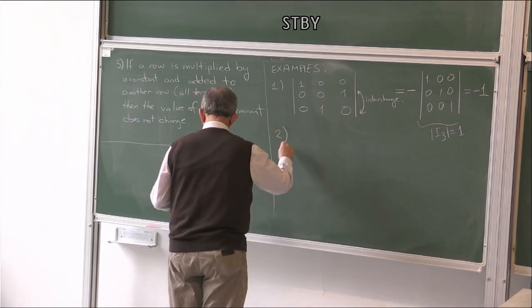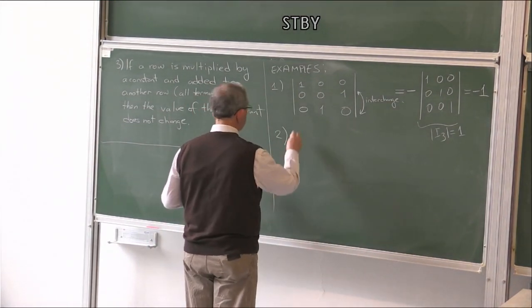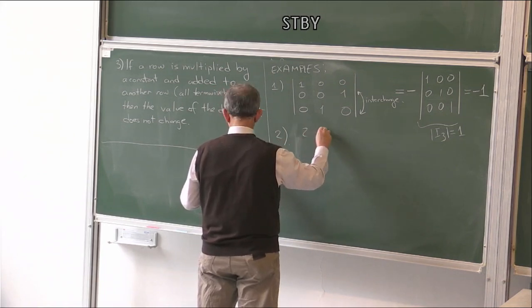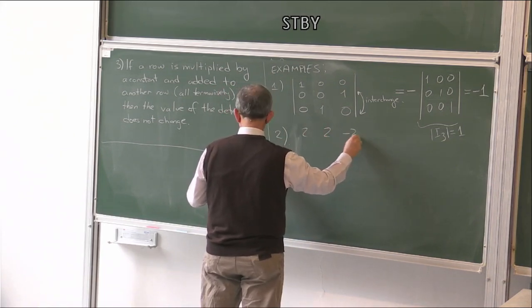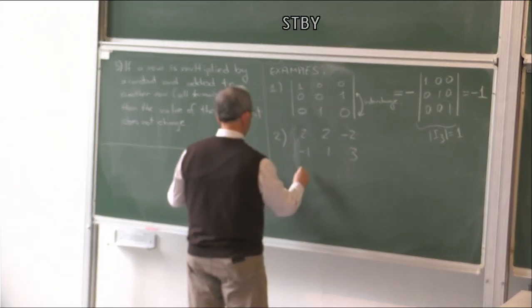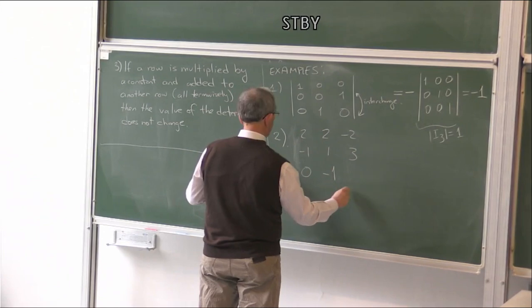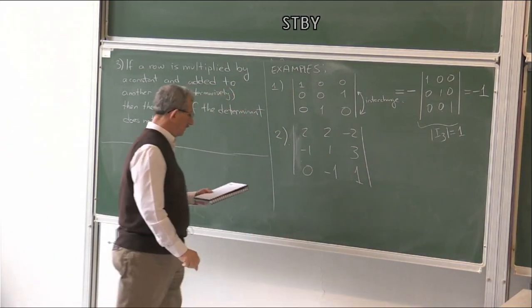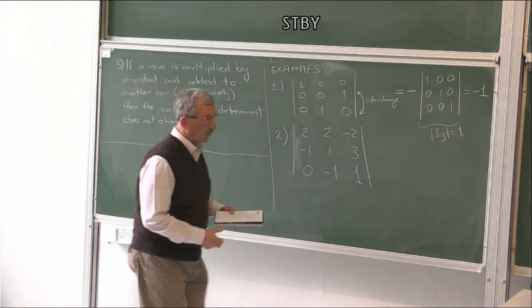Now the second example is better in this sense. Consider 2, 2, minus 2, and minus 1, 1, 3, and 0, minus 1, 1. And let us look at the determinant of this matrix.